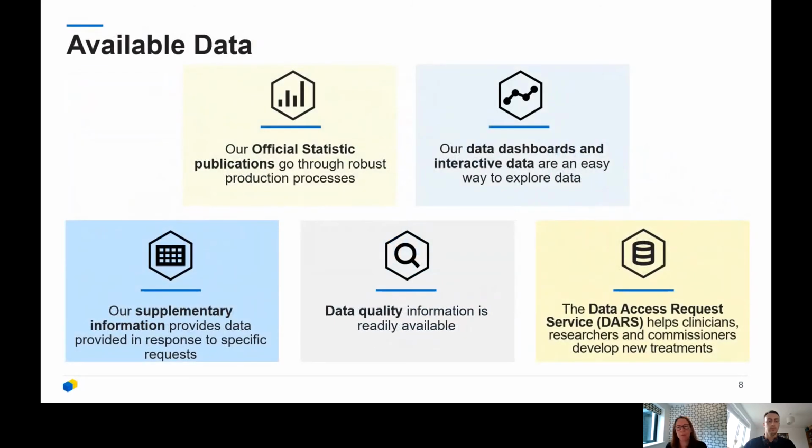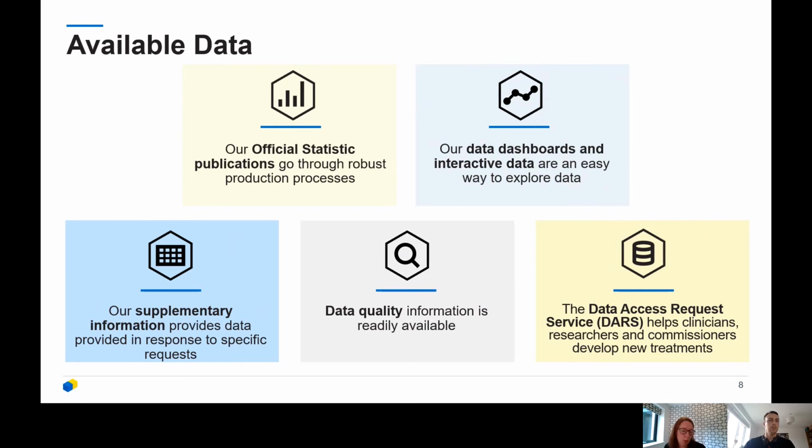In terms of all of that data, we make it publicly available. So we firstly process and sometimes link the data, and we make that available through our website, through our official statistic publications. For some key data sets, we produce interactive data dashboards. Where we have answered individual requests for data, we make some of that data available through our supplementary information page or through our freedom of information page.